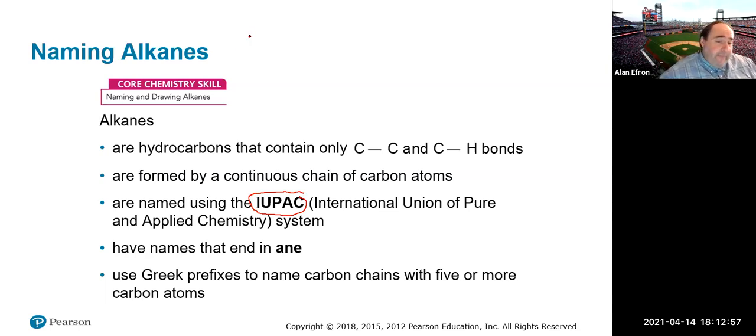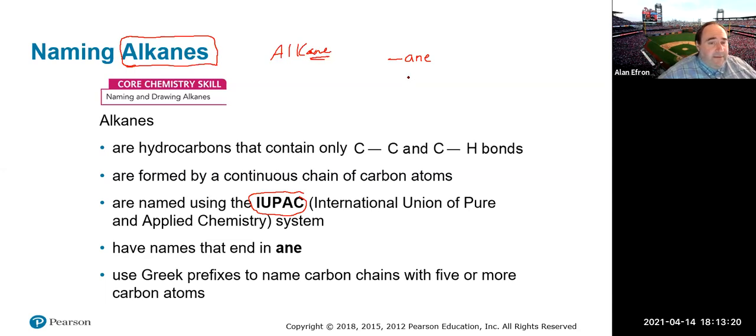Now, when we have alkanes, if you write out the name, it ends in ane. That's sort of the functional group. That's how they end, and that's exactly how alkanes end. They end in ane in terms of the last part of their name.